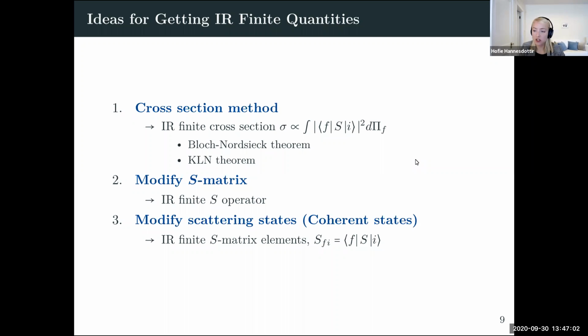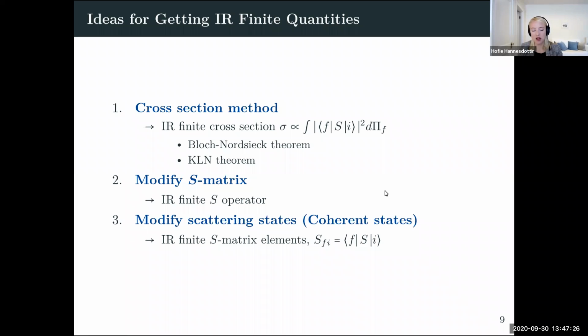Then I'm going to go on to talk about the new idea, which is to modify the S-matrix in a certain way, which leads to an IR finite S operator from the outset. So we don't need to square and integrate over final state phase space, we just have something finite for each matrix element. And then there's a third idea, which is to modify the states that we're scattering.